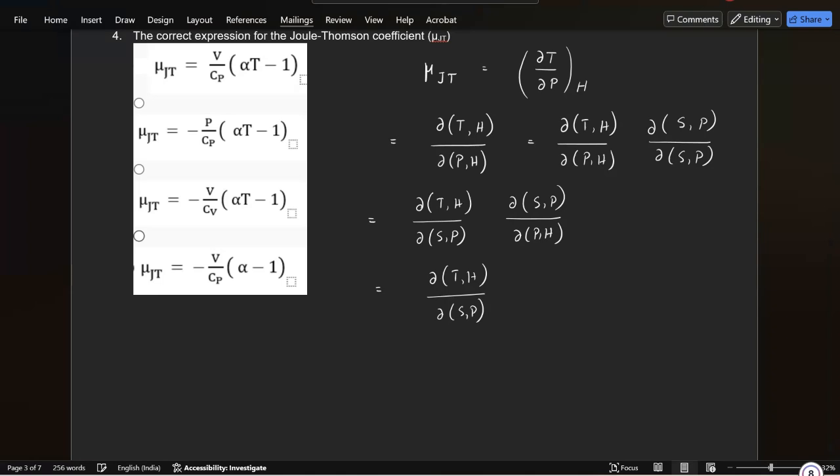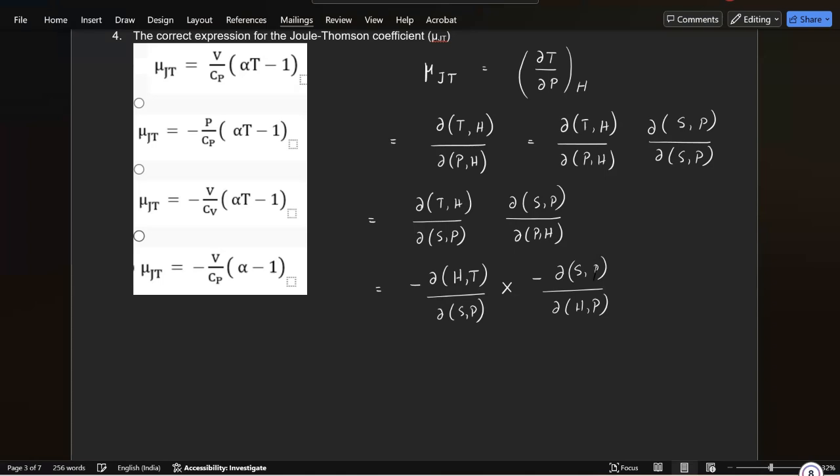One more thing I'll do here: I will also bring H this side so that it becomes the main variable. I'm bringing H this side, so this will also be minus, into minus del P del PH.